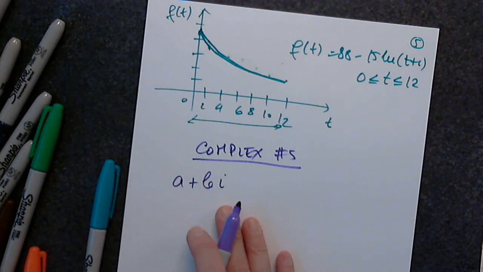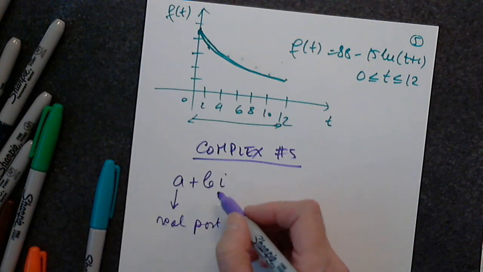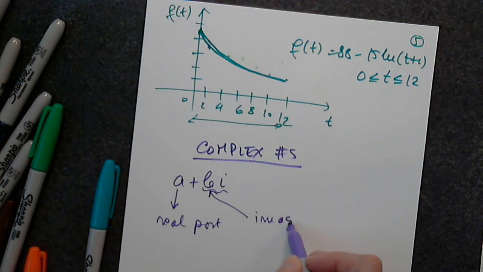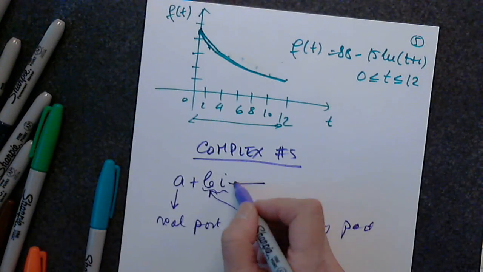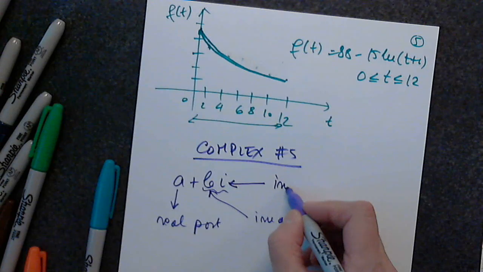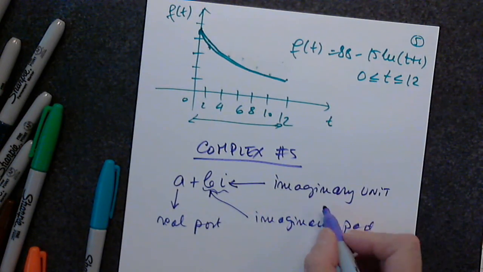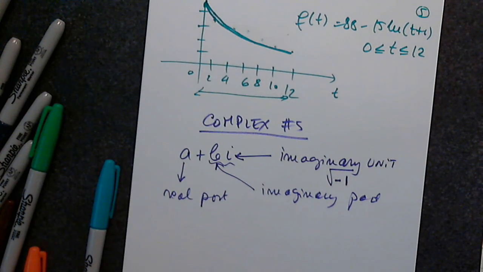A complex number looks like this, where a is the real part. This whole thing is the imaginary. And i is the imaginary unit. The imaginary unit is the square root of -1, which we know is not possible in real numbers.